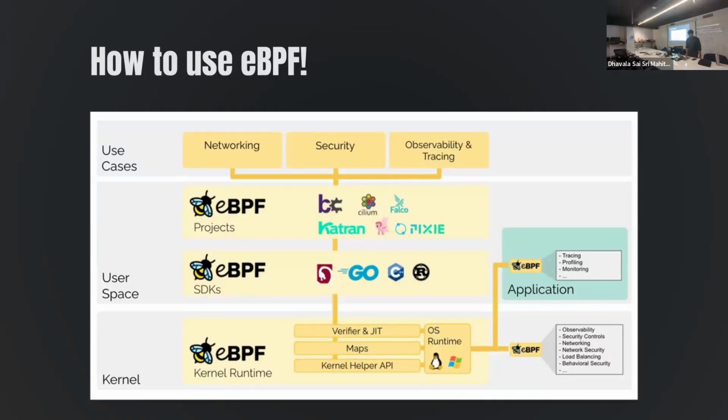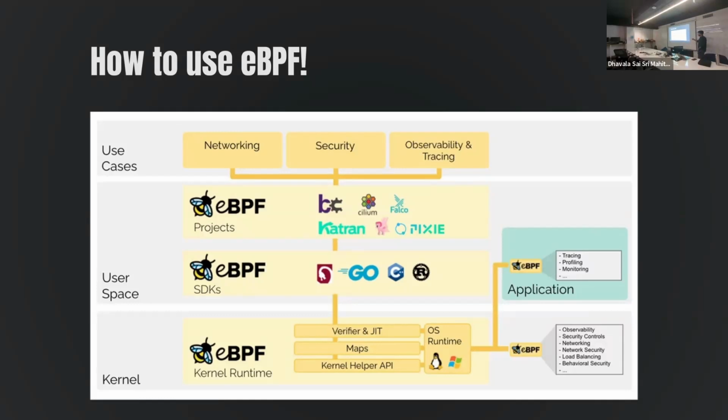We have a lot of ways here, and the top three ways are networking, security, and observability. And we have a few things we just use. This is the BCC library which I showed you, from where BPF was taken. And Cilium I'll be showing in a demo shortly. All these SDKs can be integrated with Go, C, Rust, and every other programming language.